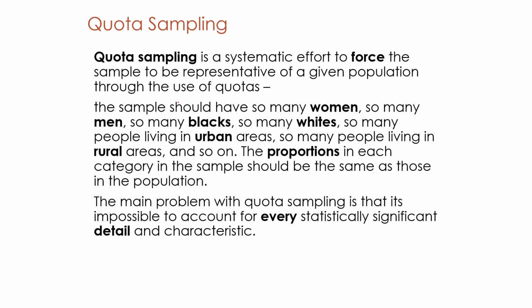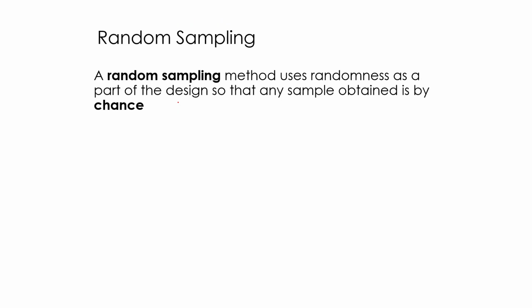Quota sampling is a systematic effort to force the sample population to be representative of a given population through the use of quotas. The sample should have so many women, so many men, so many blacks, so many whites. So that's quota sampling, and that's what's going on here.